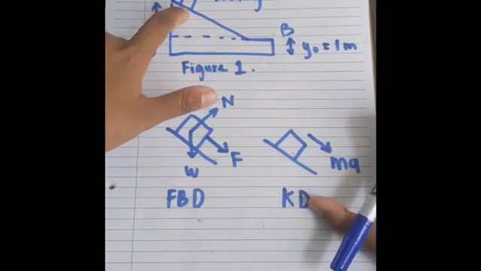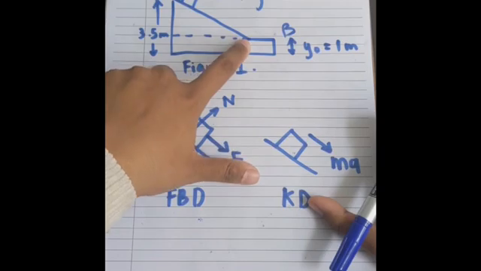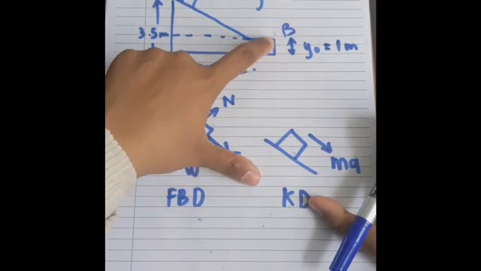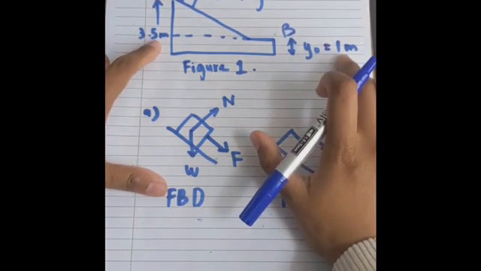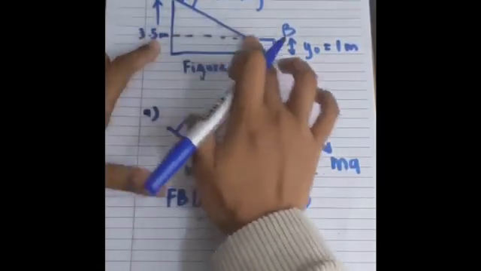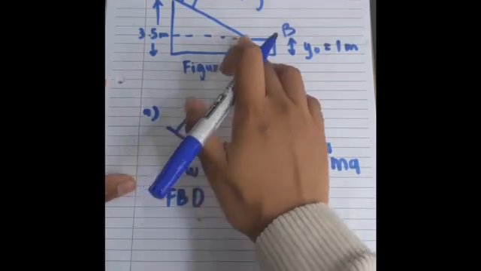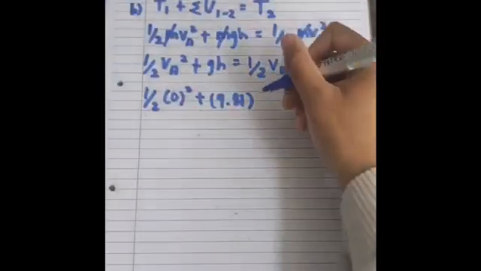The particle goes down to this point. This one is 1 meter and this one is 3.5 meters, so we need 3.5 minus 1 to get the height the particle travels. 3.5 minus 1 meter, we get 2.5.